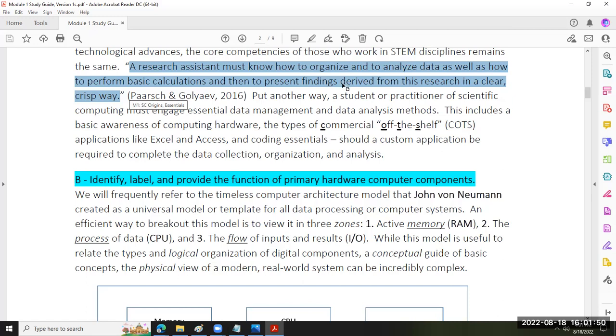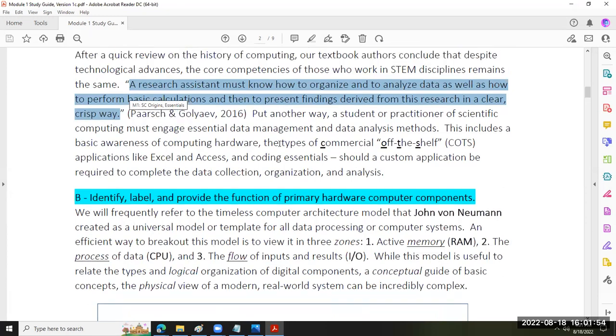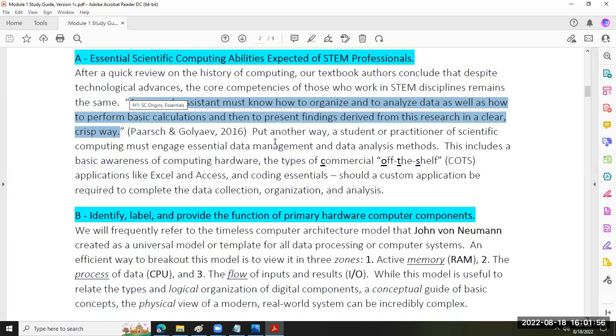And work backwards from there. That's kind of an implied reality of this statement.